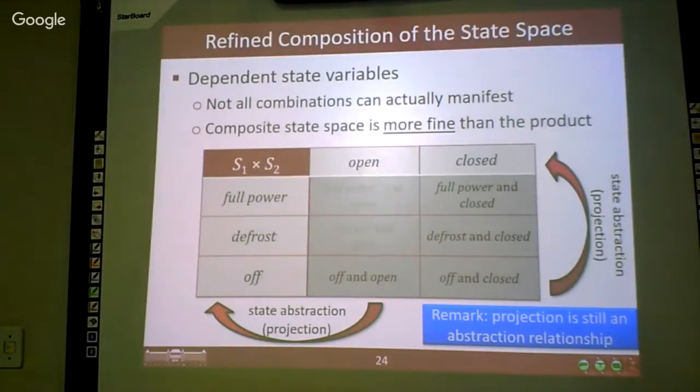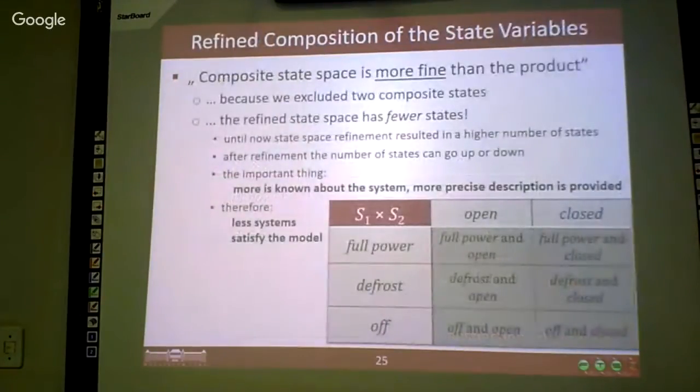But what is important, this projection is still a state abstraction. Even if we removed some states from the composite state space, this is still an abstraction operation.